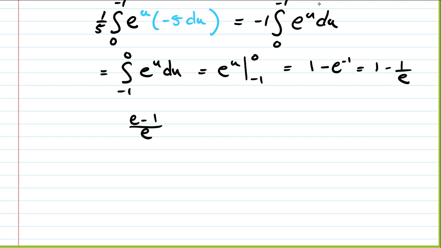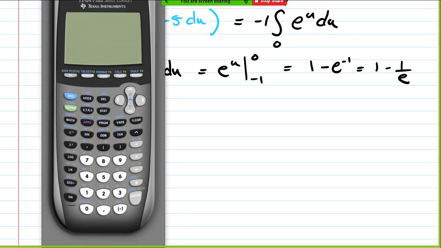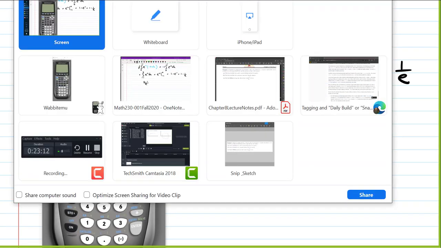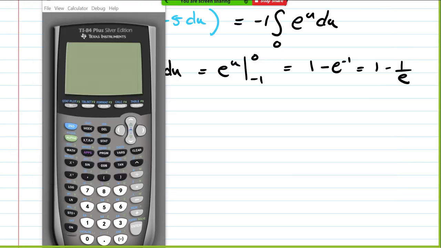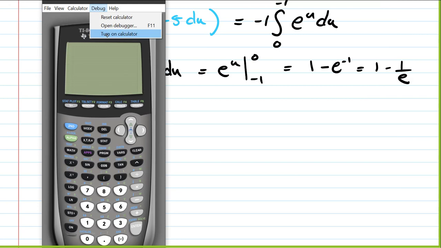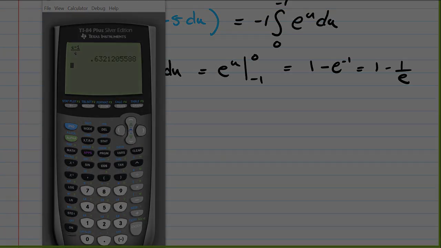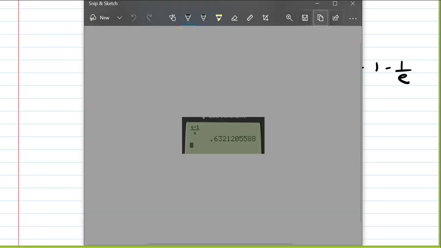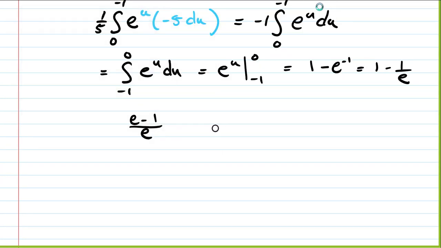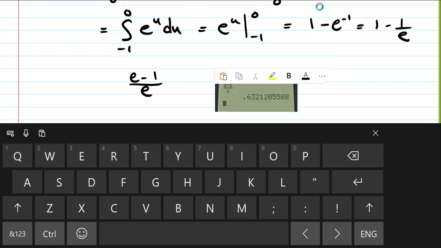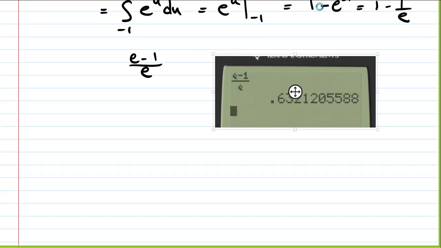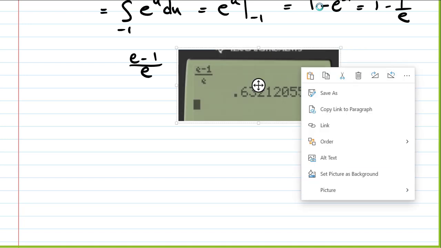Regardless, we can get our probability by putting that into our calculator: e take away 1 all over e. We hit enter, and it looks like the probability of the call being answered in less than 5 minutes, if the average wait time is 5 minutes, is 63.2%.